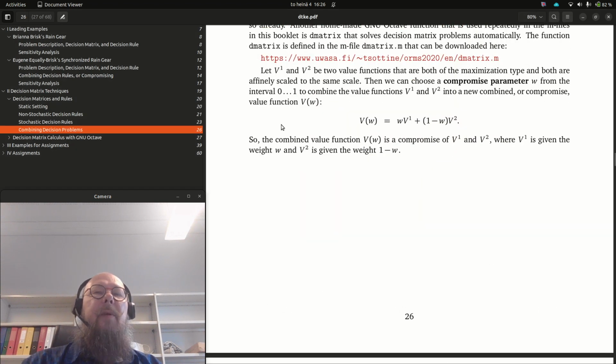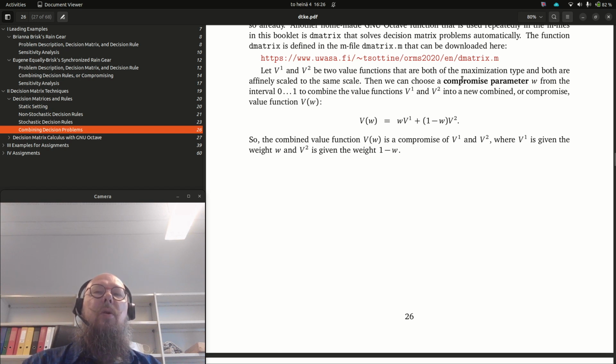So now we have v1 and v2. These are not v to the power 1 and v to the power 2, they are superscript indices, so value function v1 and value function v2. There are two value functions. We assume that they are both maximization type and both are affinely scaled to the same scale. So how do we combine them?